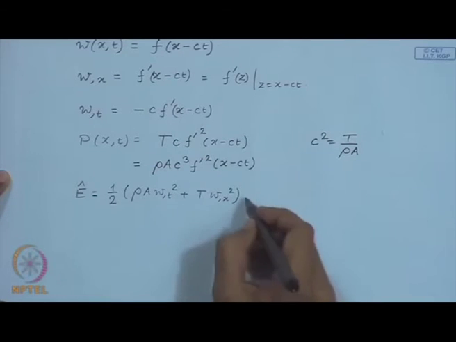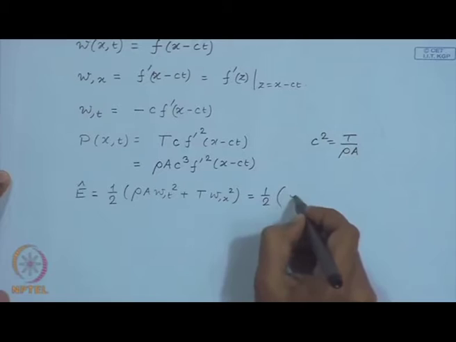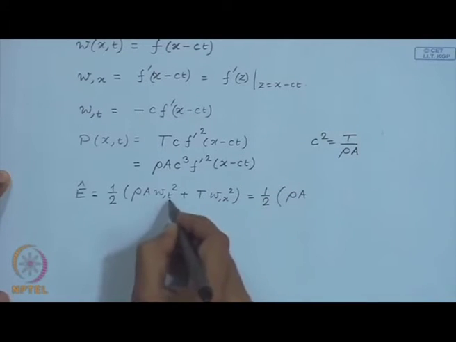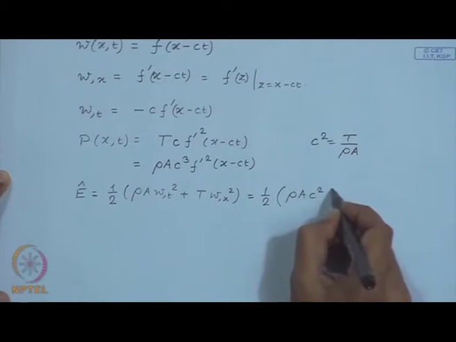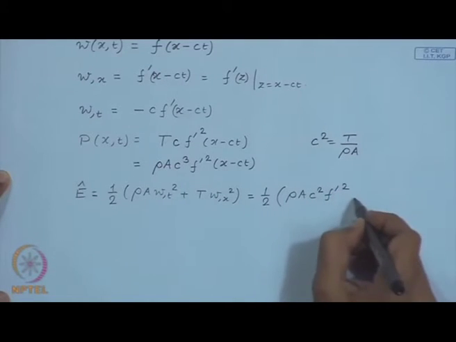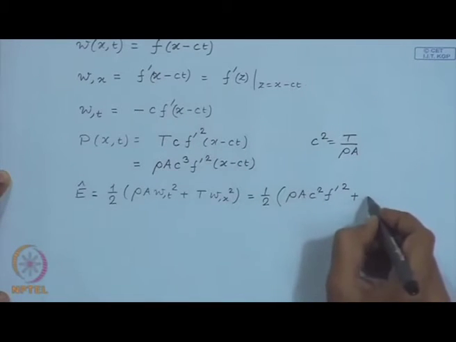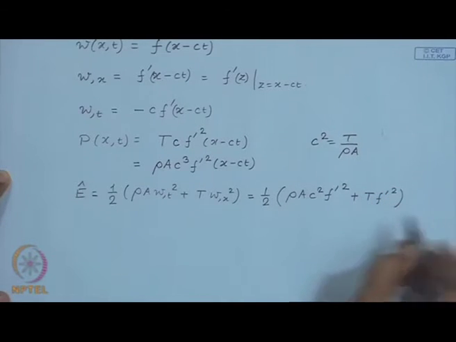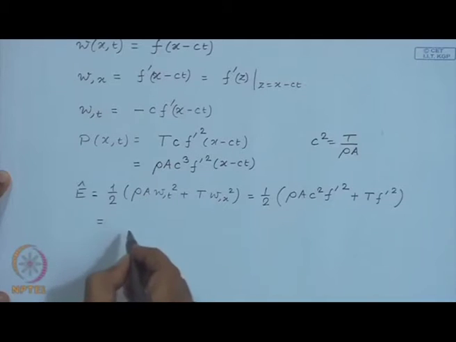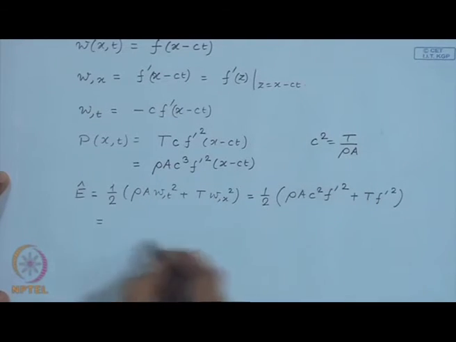So, this is the energy density, and if you calculate this, it is del w del t whole square plus del w del x whole square, which can be simplified using again this expression.